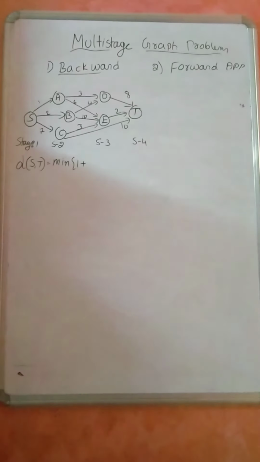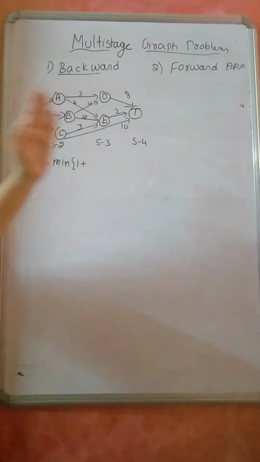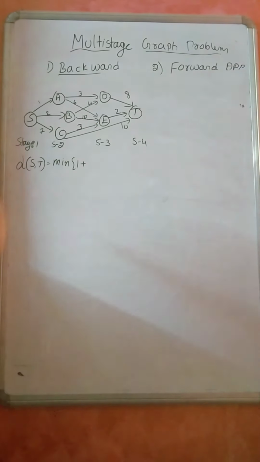In the backward approach, as the name indicates, we come from the backward and go on substituting from the end. Forward means we go on substituting from the beginning to the end; here it is from the end to the beginning. So first I will consider the backward approach.